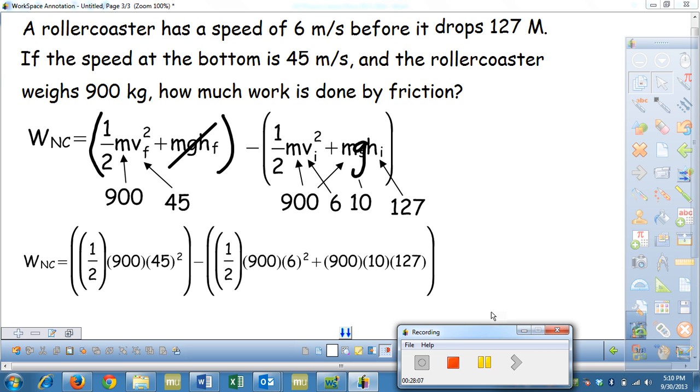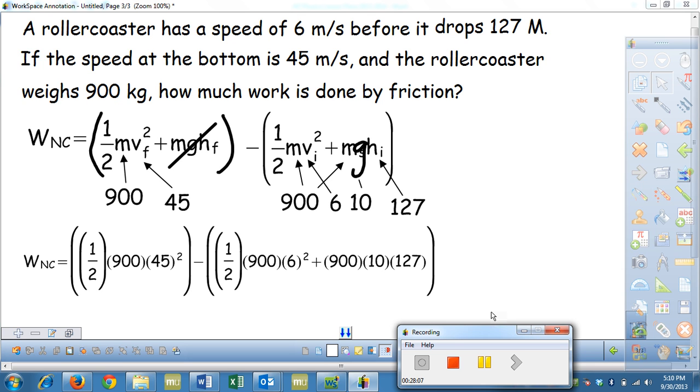So we've got 0.5 times 900 times 45 squared, close parentheses, minus, open parentheses, 0.5 times 900 times 6 squared plus 900 times 10 times 127, close parentheses.